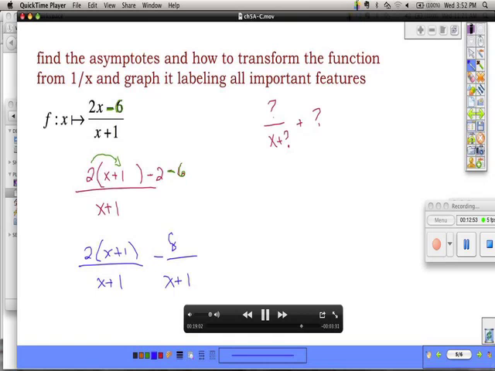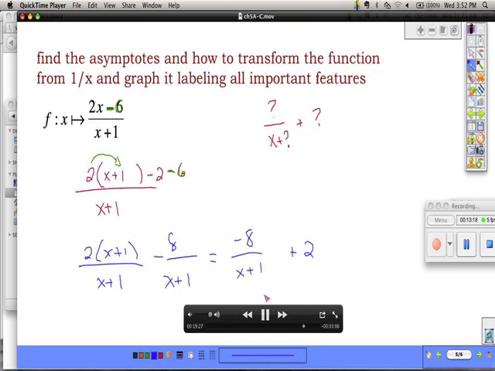And now we can simplify and we'll see very clearly what it was that we did. So the something over x part we have, and the constant. Plus 2 is the constant, and then we have negative 8 over x plus 1.